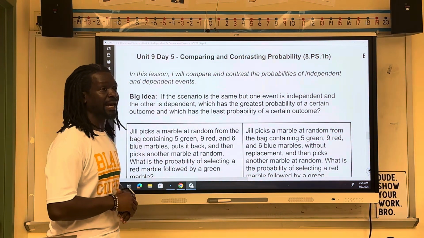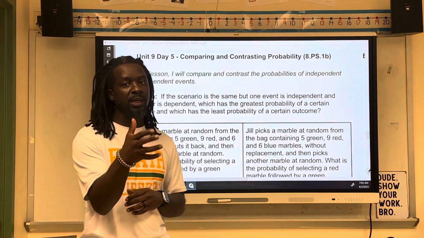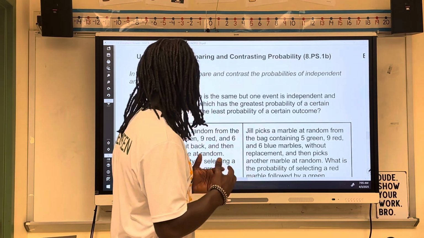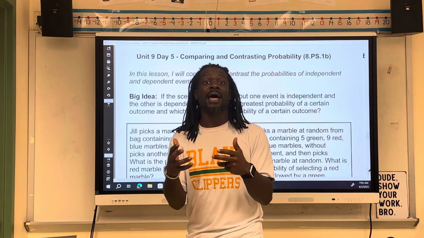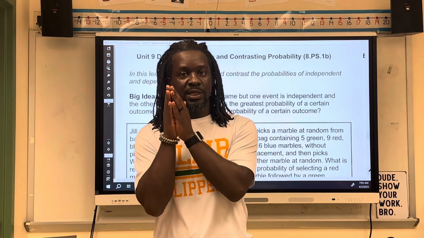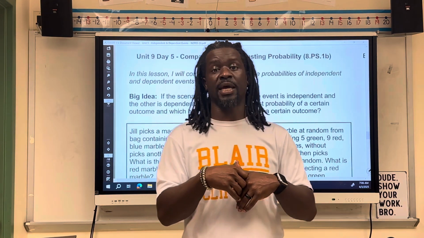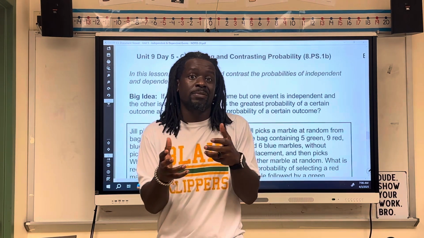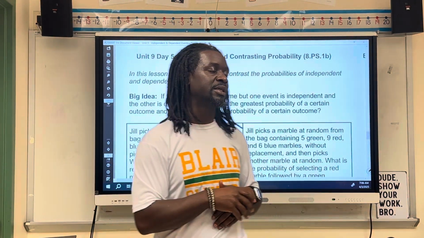Here's the big idea: if the scenario is the same, but one is independent and the other is dependent, which has the greater probability of a certain outcome? Sometimes the question might ask for the least probability of something happening, okay?